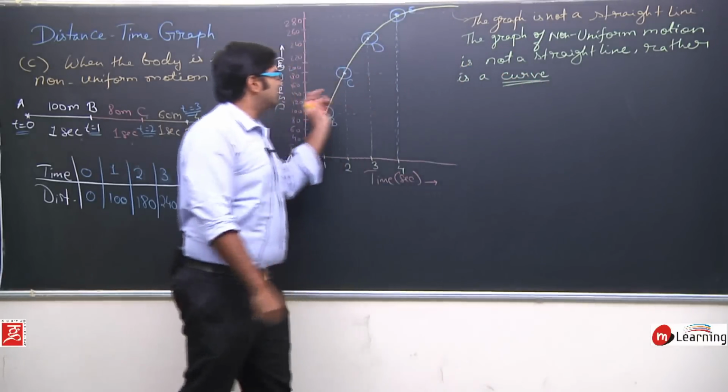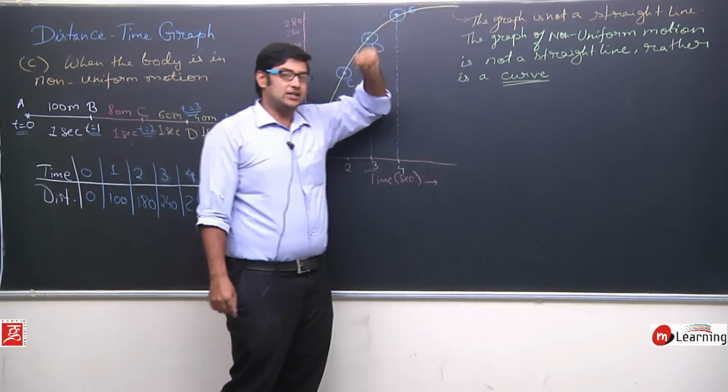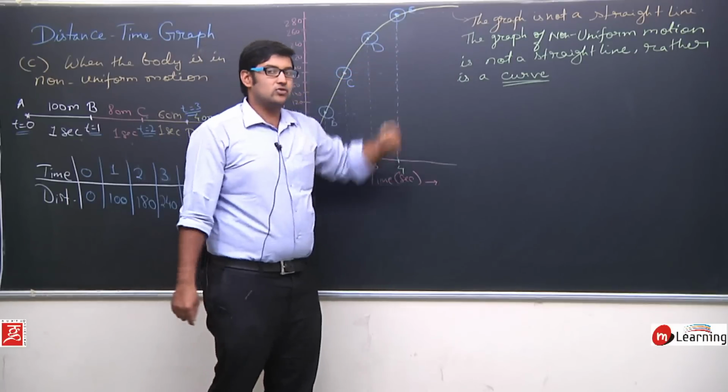You can see that the graph is curved like this. It's not a straight line. So this is the kind of motion which is not uniform.